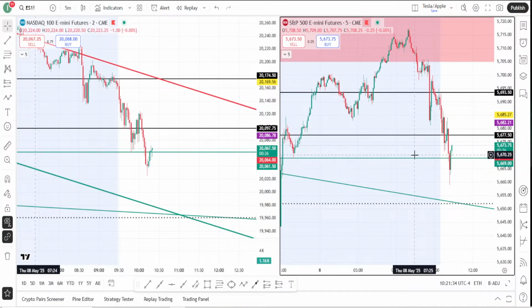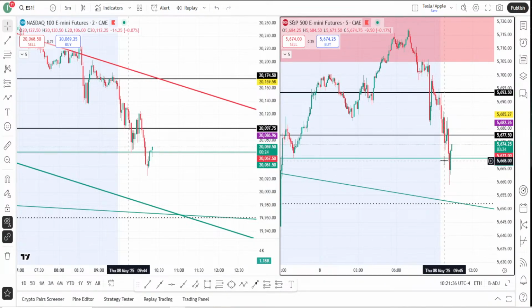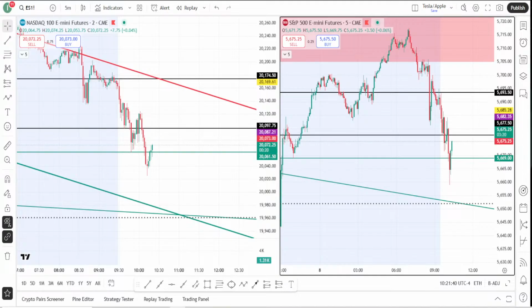And this looks like a reversal here. This looks like a trap for the sellers. Yes, sir.